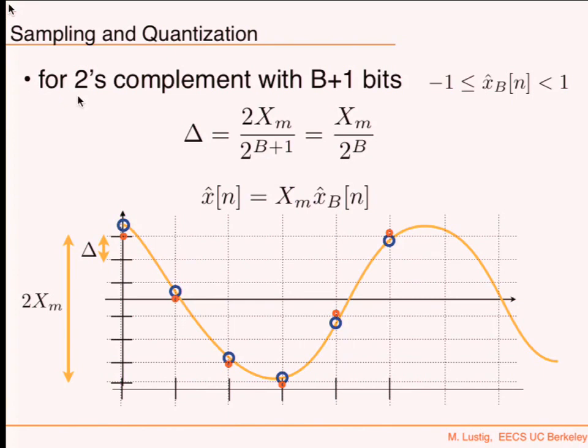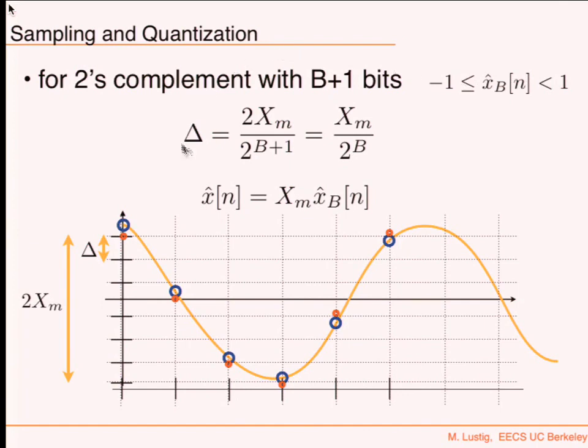For a 2's complement representation with a number of bits, which is b plus 1, when the value of the quantizer is between minus 1 and 1, that's how we're going to define it.